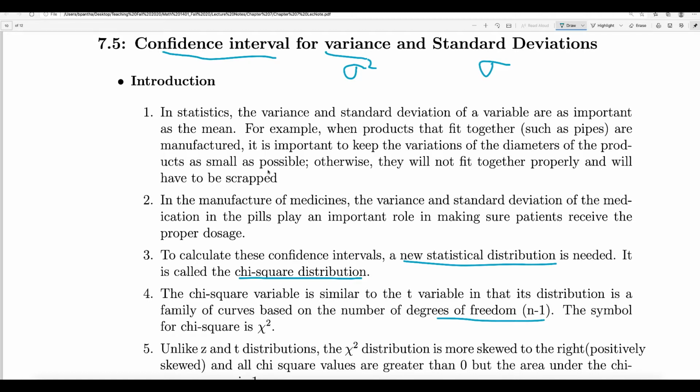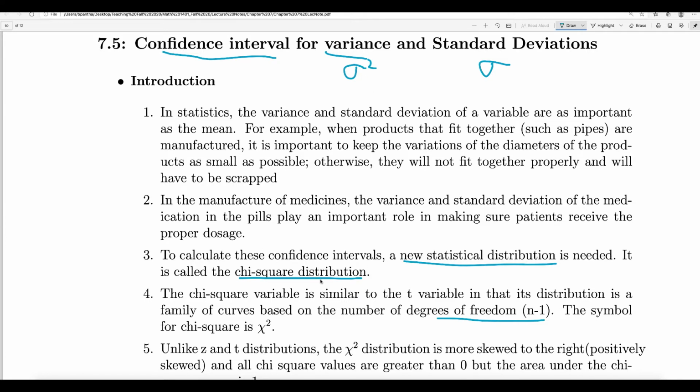They may be very slightly different, but two pipes or nuts and bolts fit each other if the variation is very small. But if the variation is bigger than a certain number, then they do not fit together, okay? Also in the manufacture of medicine, the variance and the standard deviation of the medication in the pills play an important role in making sure that the patient receives the proper doses. So these things are important, okay?